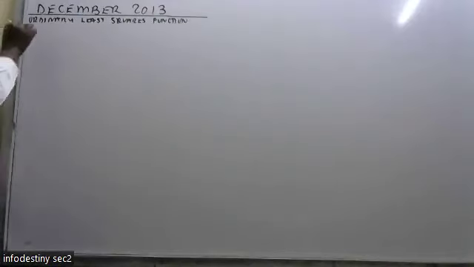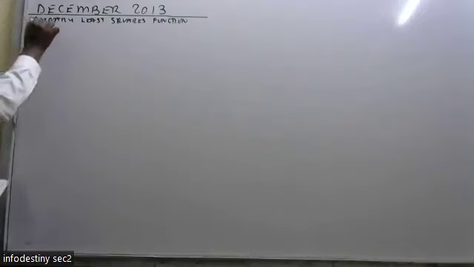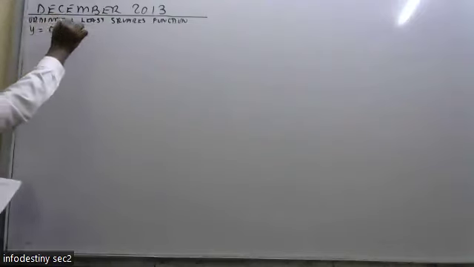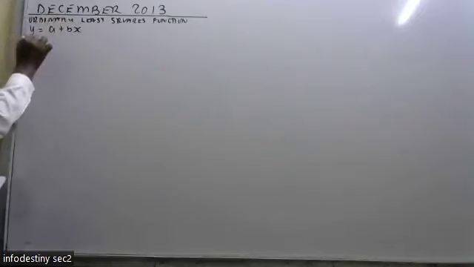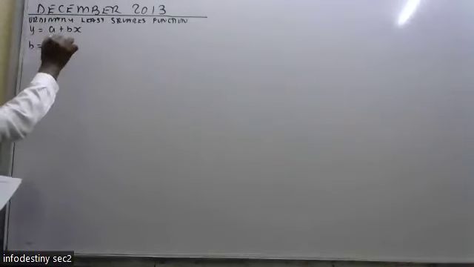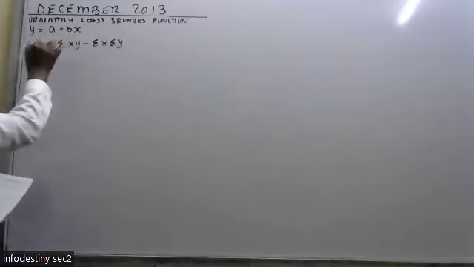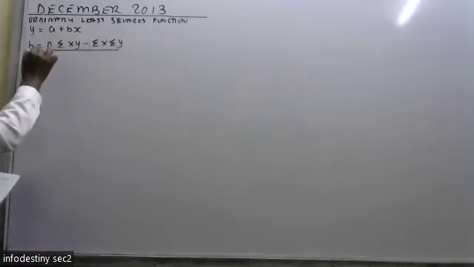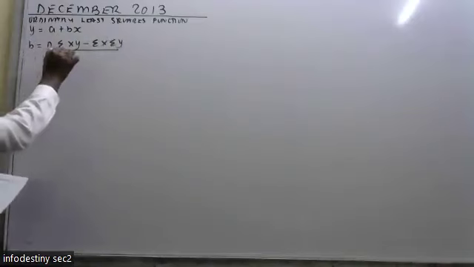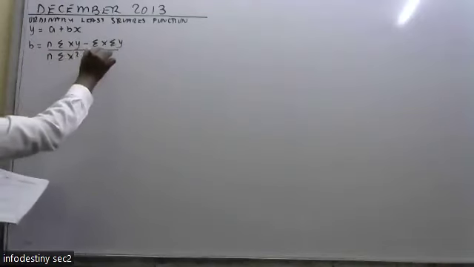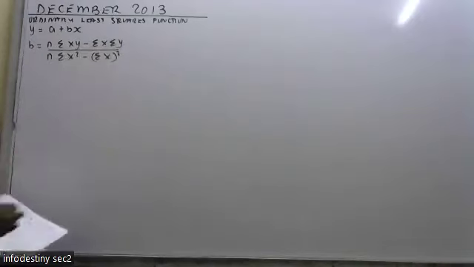Which is normally given as y is equal to a plus b x, and b we know is given as n, sum of xy minus sum of x, sum of y, you divide by n, sum of x squared minus sum of x squared.